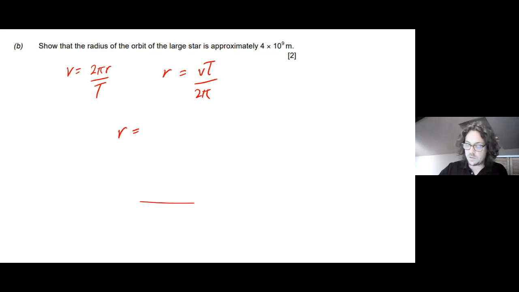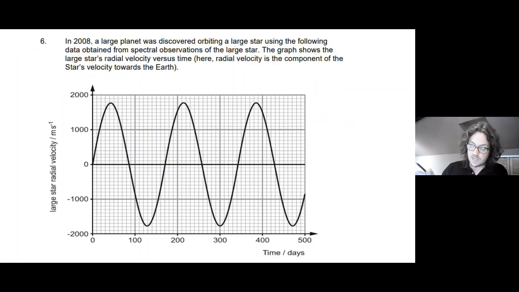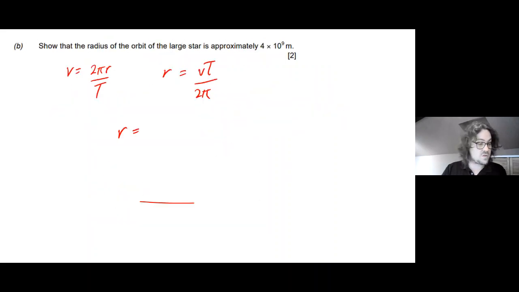We go back here. Our graph here, you can see that the highest radial velocity is at this point, which is about 1700. So we'll say r is 1700 times 170 times 24 times 3600. Now, why have I chosen those numbers?